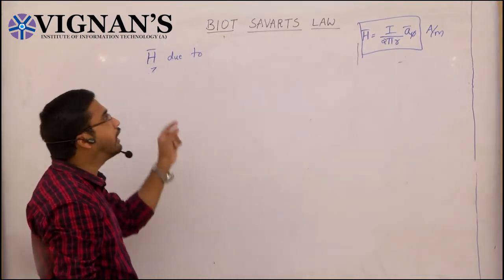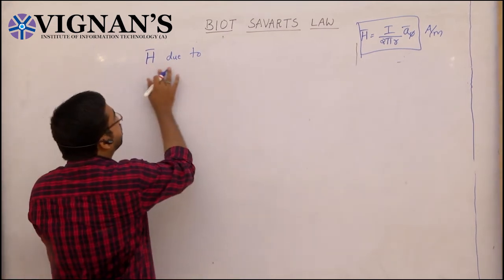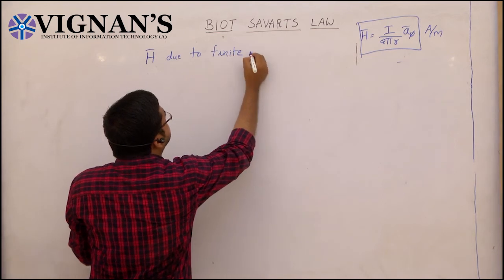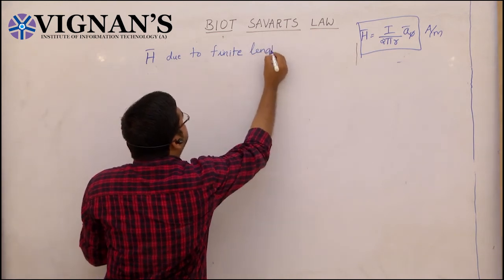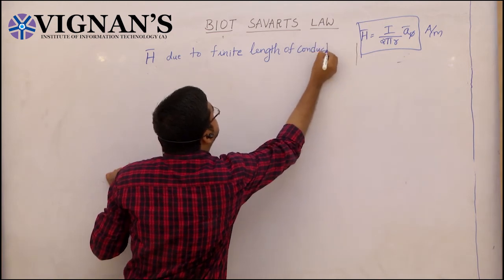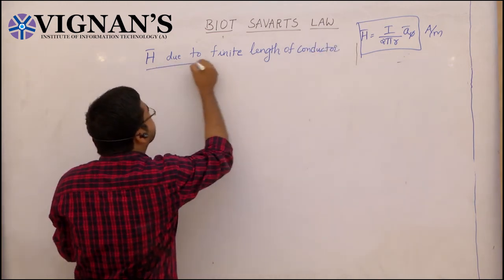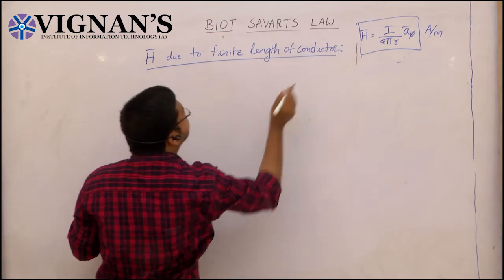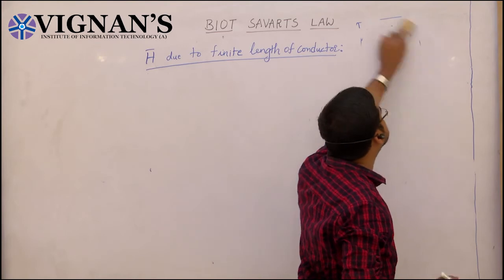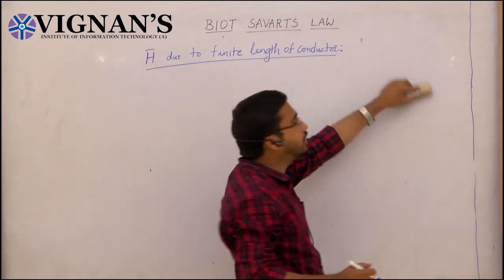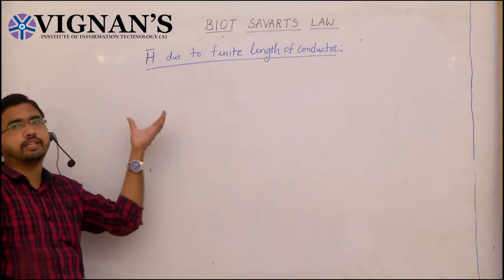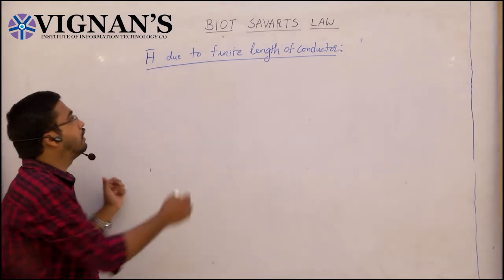That means now we know the length of that conductor, H bar, due to a finite length of conductor. Here also we will use the same derivation analysis. Just here, instead of saying infinite length, we will fix some values for that length.